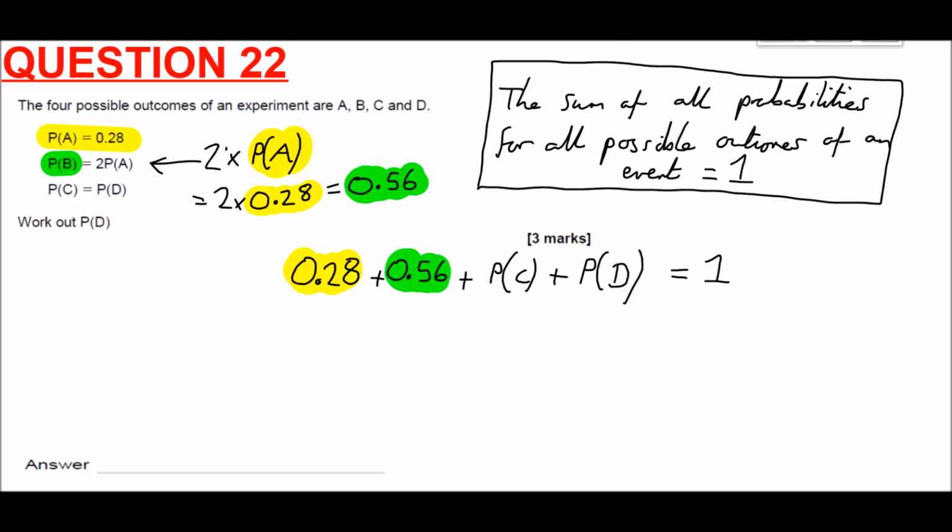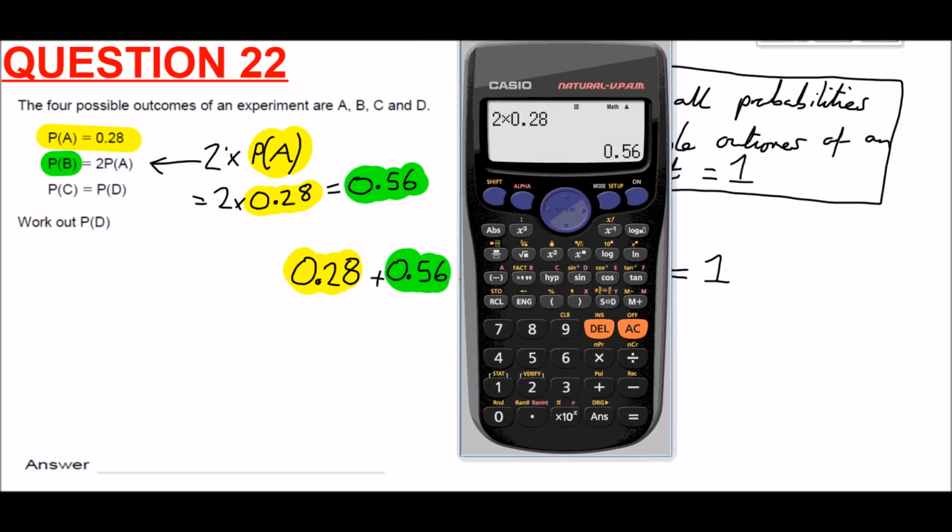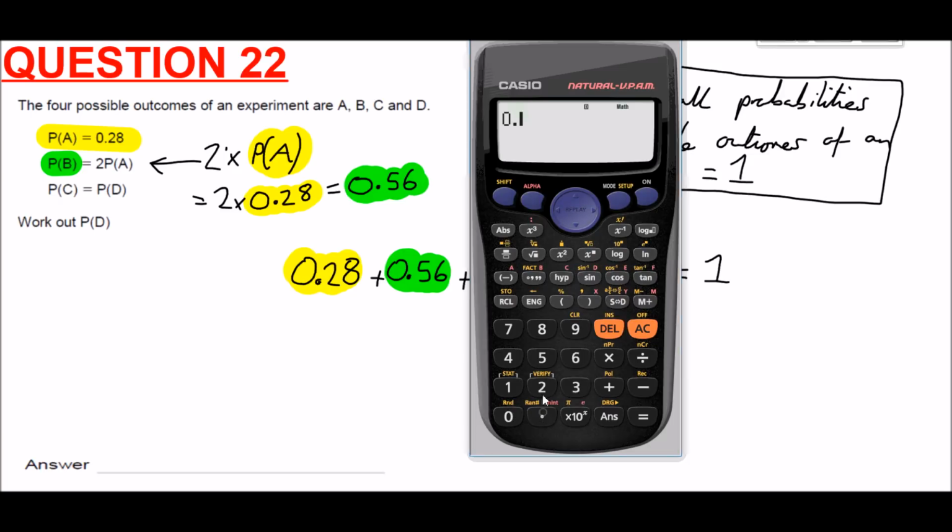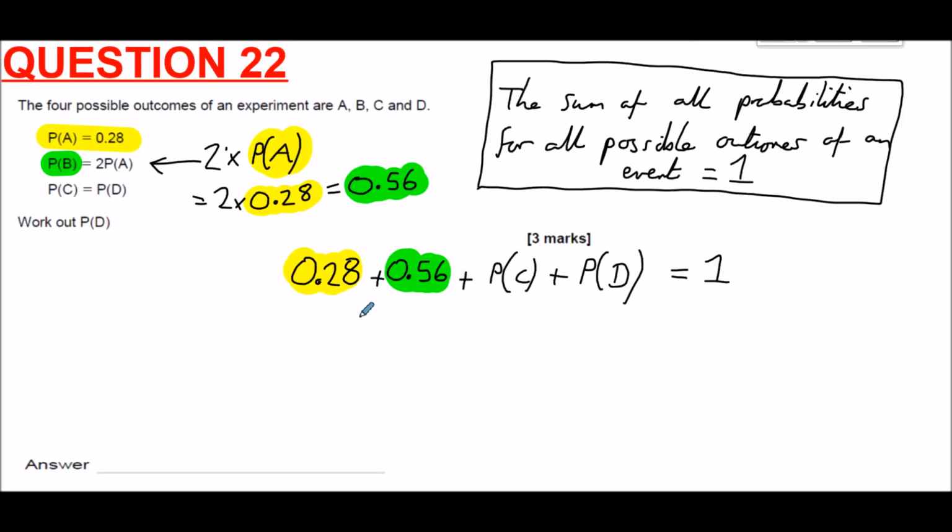So 0.28 plus 0.56, we can just add these two together. And that comes to 0.84.